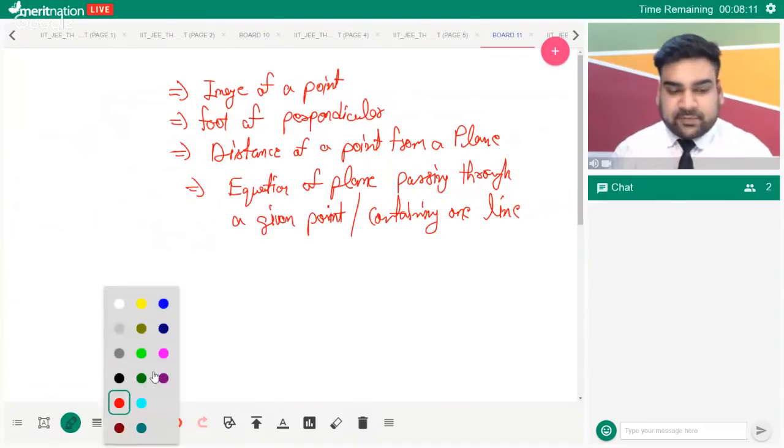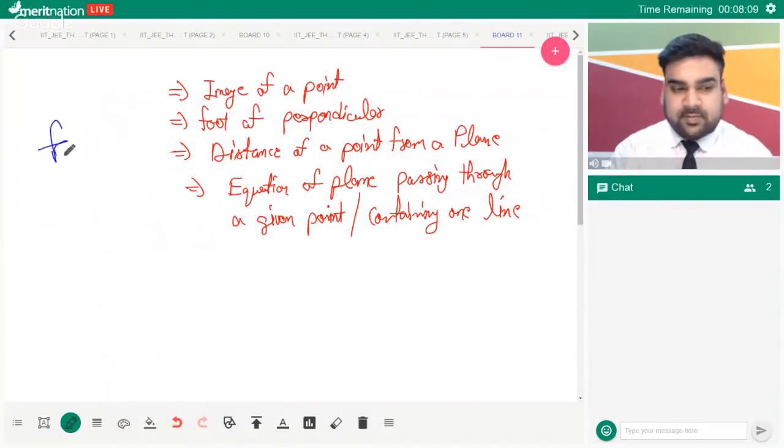So these are some important topics for your JEE Advanced preparation.